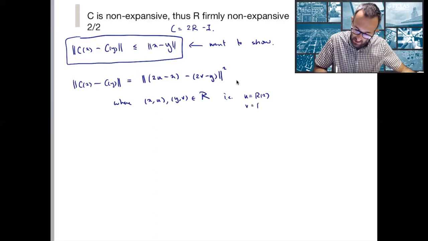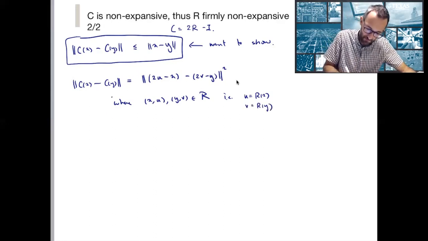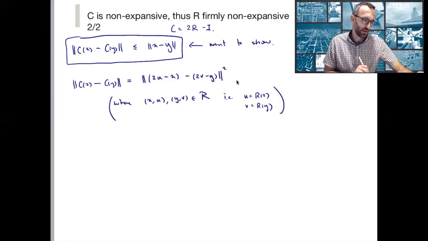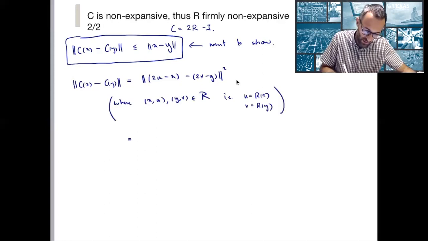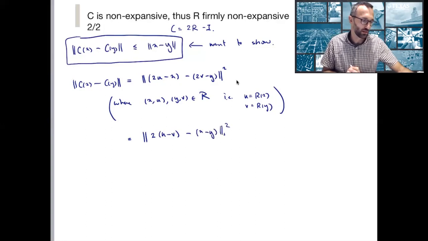And v is equal to R of y. Rearranging, this is equal to 2u minus 2v minus x. Now let's make sure the minus signs are all right. I've got a minus minus y, so plus y. That's just equality here. And expanding out, I'm using the 2-norm.